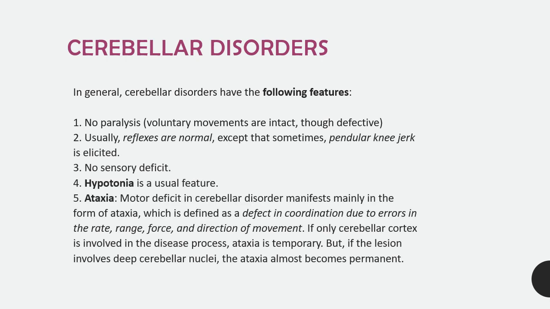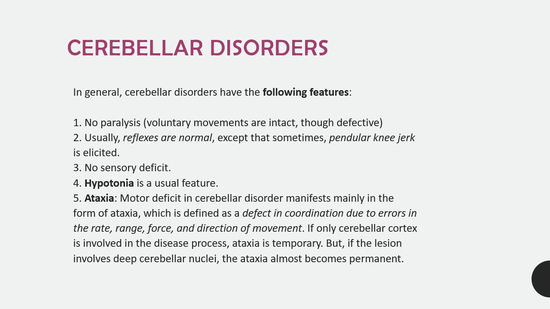Cerebellar disorders. In general, cerebellar disorders have the following features. First, no paralysis. Voluntary movements are intact, though defective. Second, usually reflexes are normal, except that sometimes a pendular knee jerk is elicited. Third, no sensory deficit. Fourth, hypotonia is a usual feature. Fifth, ataxia.